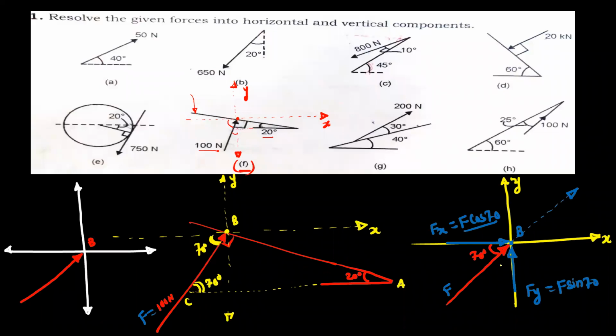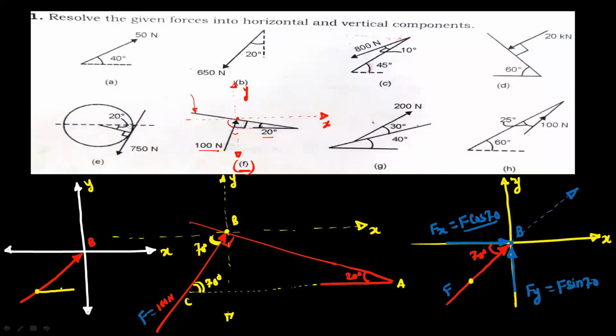The second method to resolve this force is you can select a different point on this line of action like this. I will select a point on its line of action, and at this point you can show the components. Draw a component parallel to x-axis like this. Just observe the direction of this arrow.